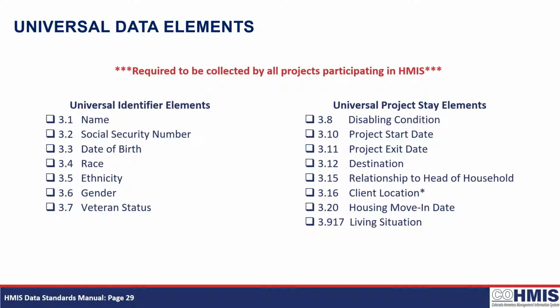We're going to run through each of these items a little bit later on in the presentation, and if you notice in the bottom left-hand corner, it'll tell you where in the data standards manual each of these items lives. So if you want to pick up that manual and flip to that relevant page, I encourage you to do so. The only element we won't talk about on this slide is 316, client location, which really only applies to clients who are enrolled in a project that spans multiple continuums of care.